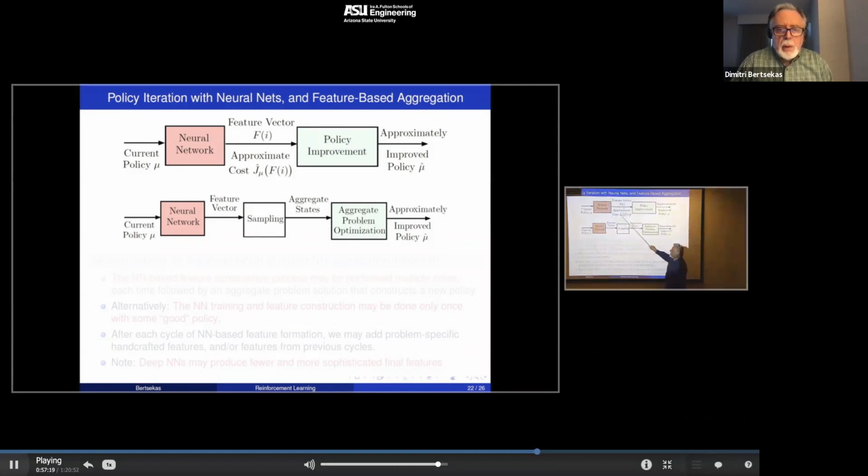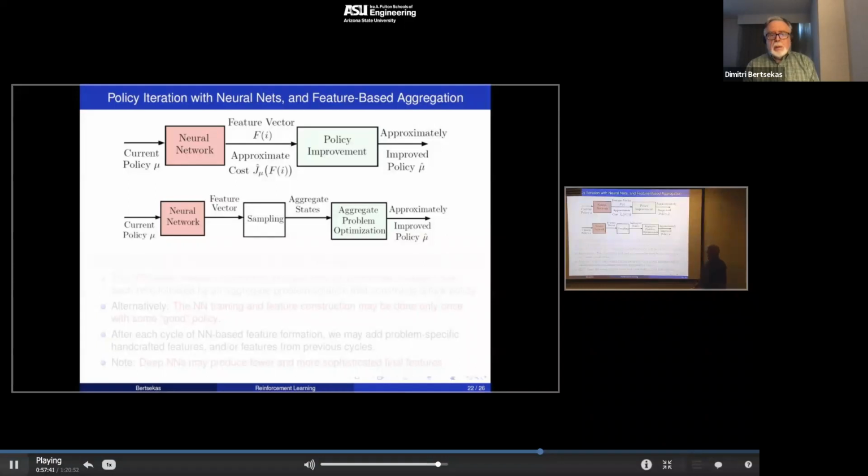How do we do that? The neural network generates a feature vector, linearly weights it, and obtains an approximation to J mu, the cost function of mu. And then we do a policy improvement operation, a one-step look ahead, and I obtain the improved policy. This is what we have gone through with a neural network.